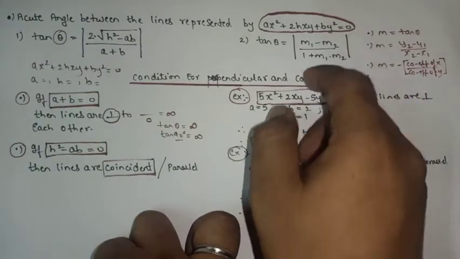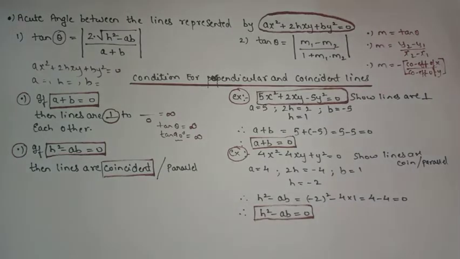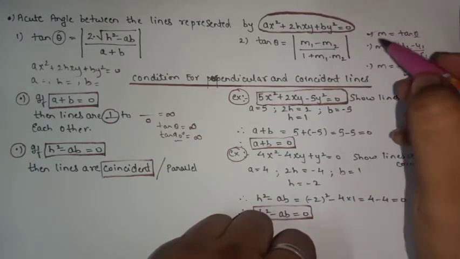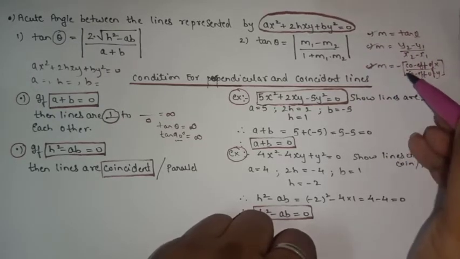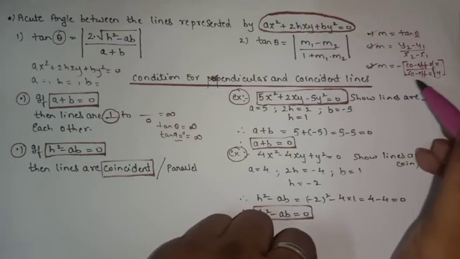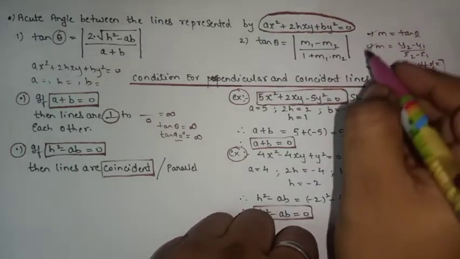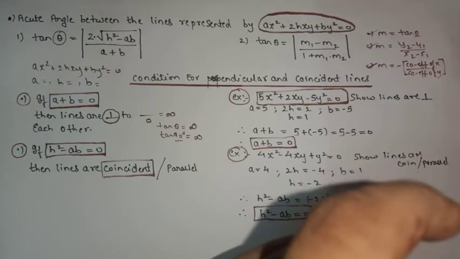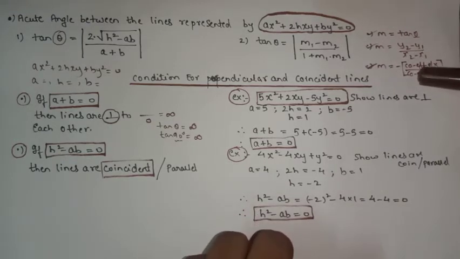And the second formula is for when you have the slopes, and we know that the slope we can find by using three ways: by using theta, by using a point, and if you have a linear equation, from that also we can find the slope. I explained this part in lecture number 1, the first lecture only: how to find the slope when you have theta, a point, or the line.